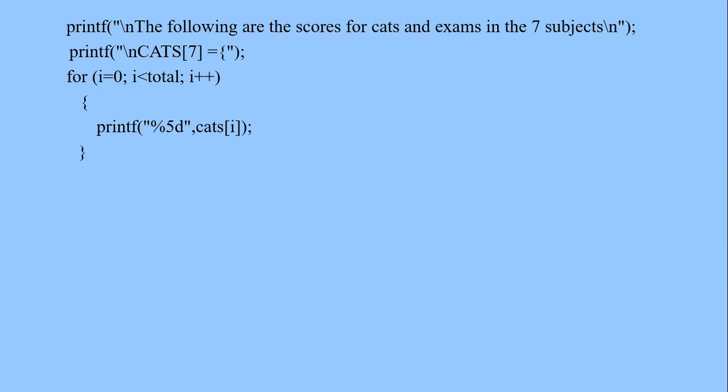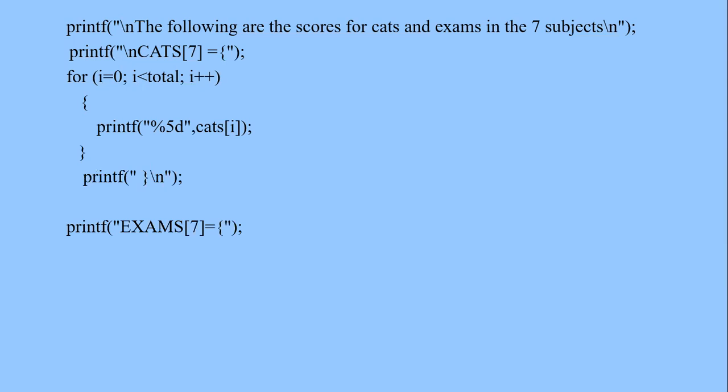And that will continue until the value of I is not less than total, and the loop will end. And then this printf here is going to display the double quotes and move 1 line below.